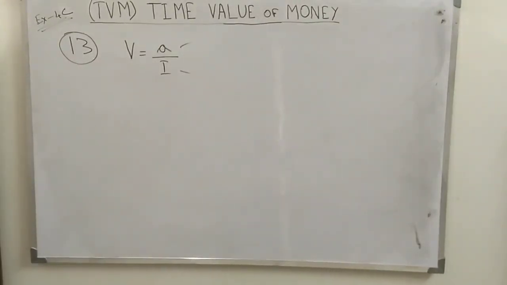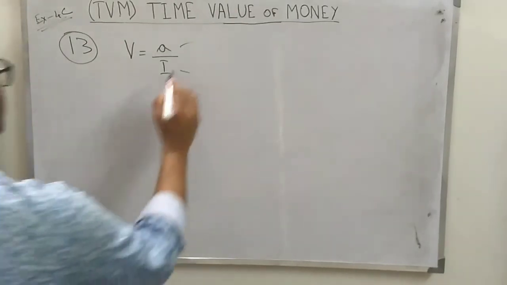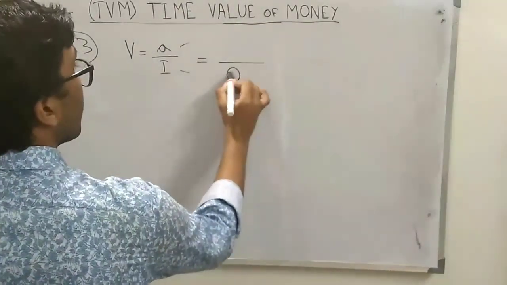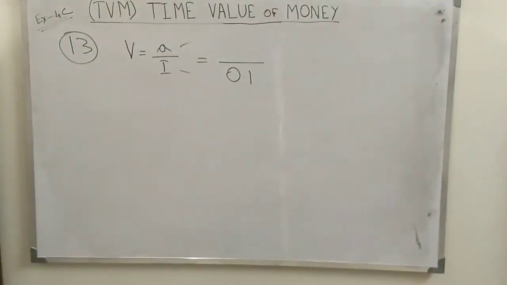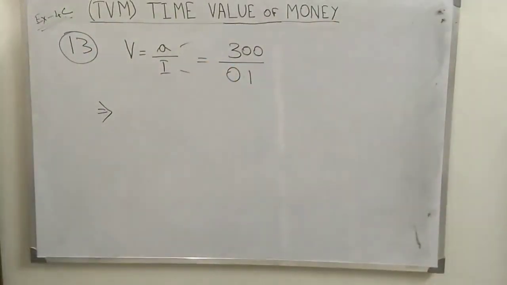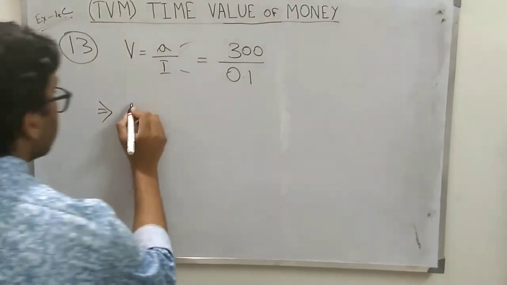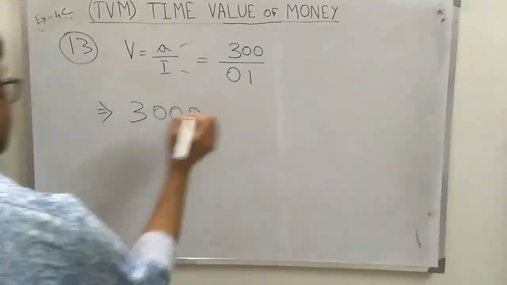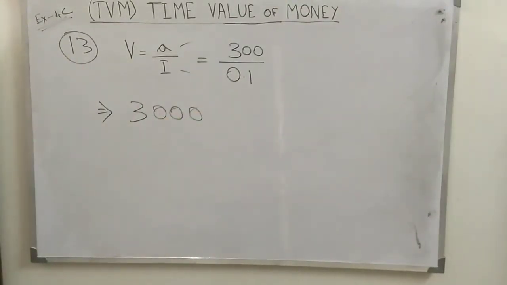Then the question is, a person desires to create a fund to be invested at 10% per annum, that means 0.1 in the denominator, and to provide for a prize of rupees 300 every year. This will be the annuity amount. 300 by 0.1. The answer is 3000. Option number C.